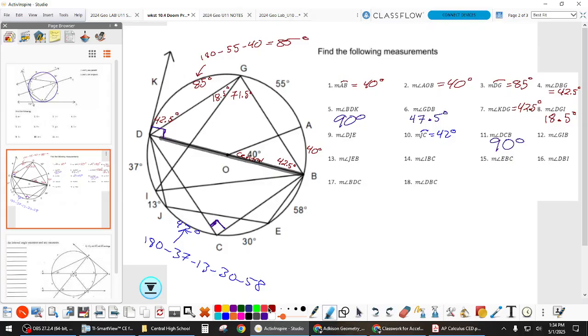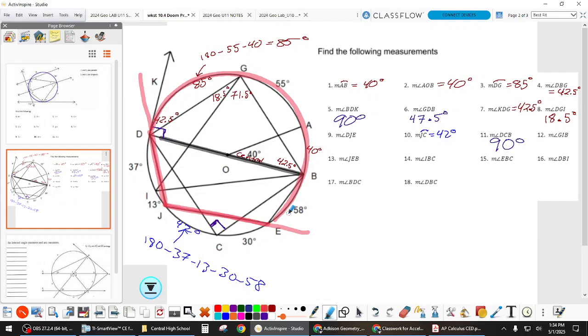DJE, okay, that one. How are we going to find it? Well, what kind of angle is it, first of all? It's inscribed, so probably looking for an arc, right? Well, here's what I would suggest. Looking for, like, extending those lines, we're looking for that whole arc. So just add all these guys up.